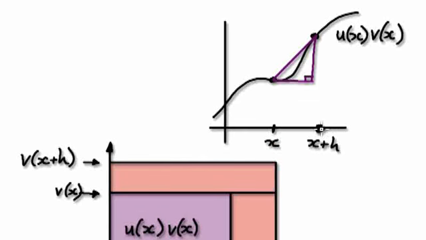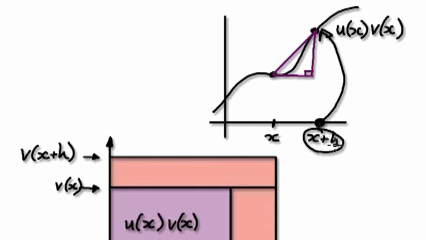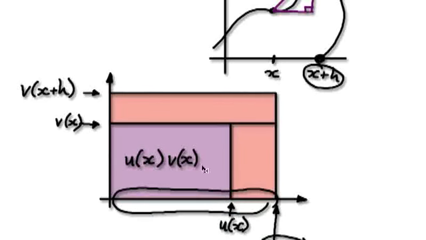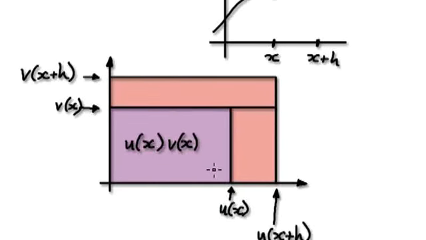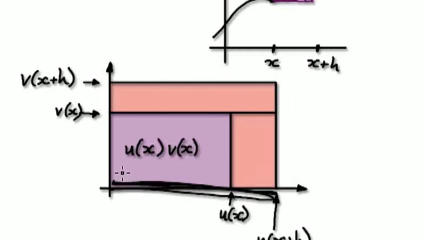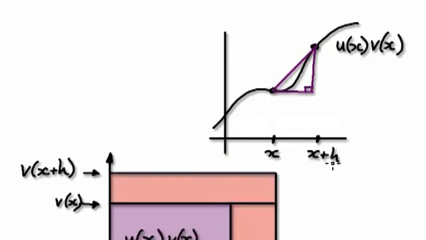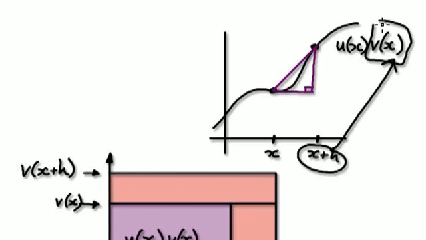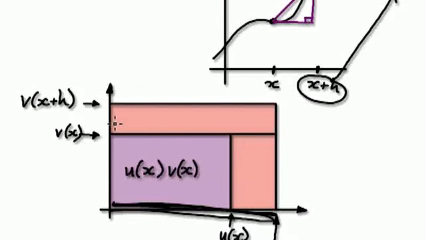Now if you want to jump from here to here, then you would get your x plus h and put it into the u. So that will give you this whole length here. Okay, and then you also have to put x plus h into the v. That will give you this length here.